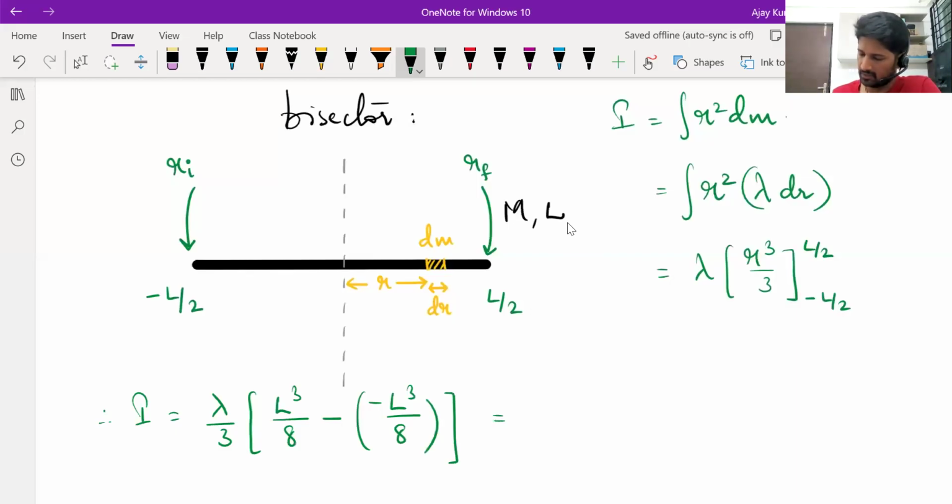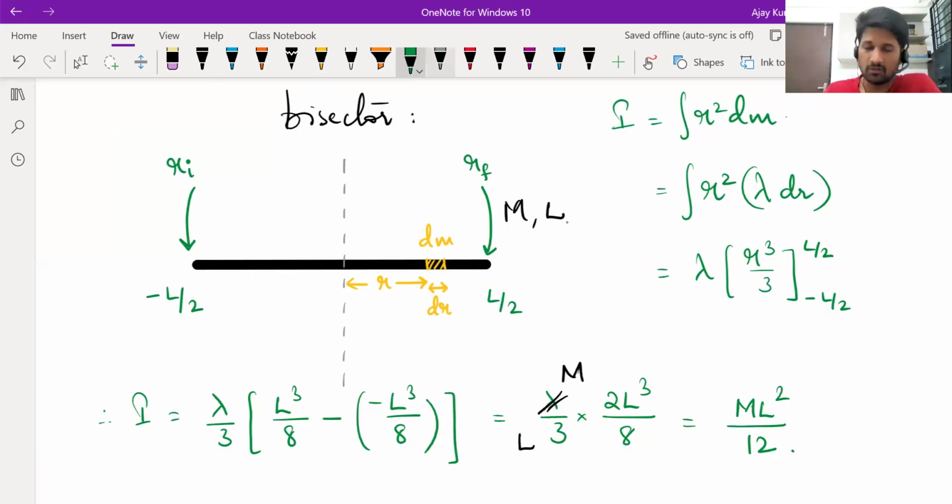So effectively it becomes lambda by 3 into L cube by 8 plus L cube by 8, which is 2 L cube by 8. And what is lambda? Mass by length. So one L gets cancelled. 2 and 8 go 4 times. You will be left with ML square by 3 into 4, which is 12.